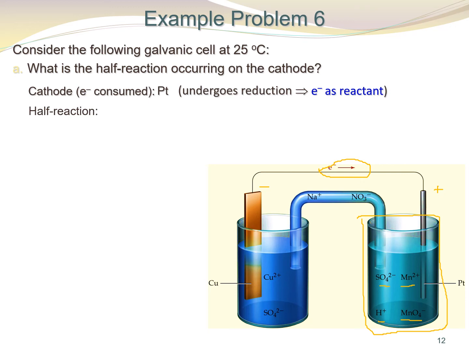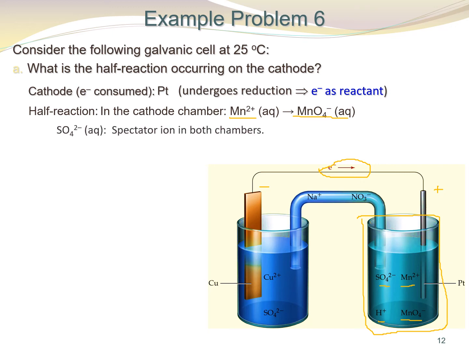Now, let's work on the half reaction. The species that have the common element is manganese. So we call these 2, Mn2+ to permanganate. What about the other 2? Sulfate shows up in the other chamber, so that is a spectator ion.